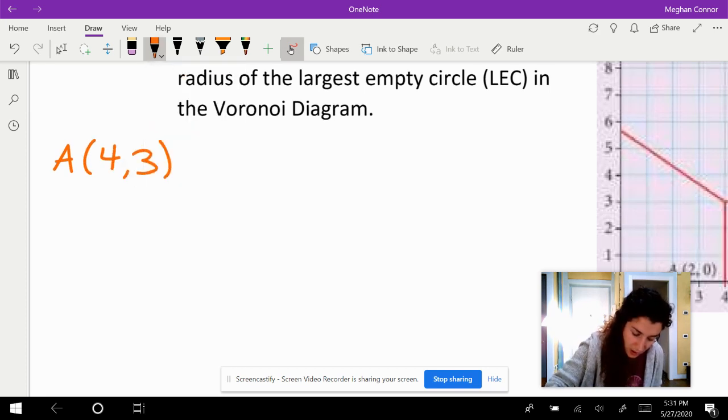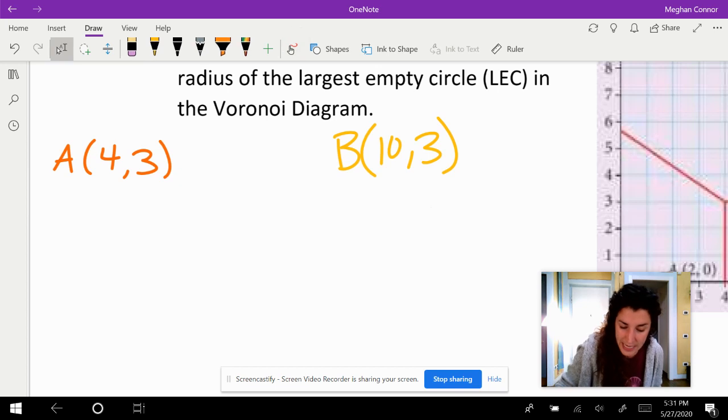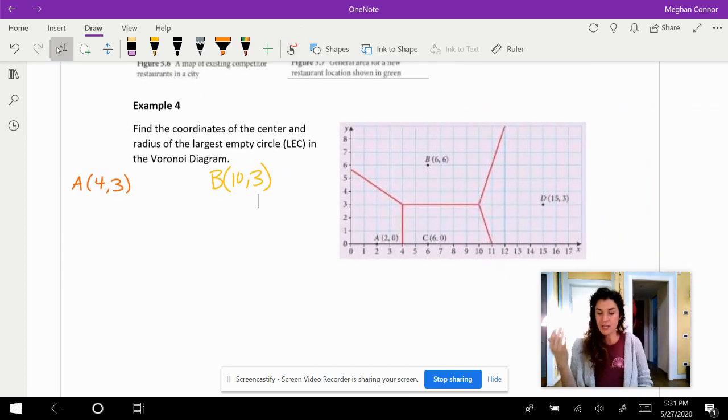And then I'll call another one B. Now, we could look at these two points and have a pretty good guesstimate of which one is going to create the largest bubble. But for the sake of mathematics and for the sake of understanding that it won't always be this easy, we need to talk about what happens if it's not easy to just see right away. Well, we need to calculate the radius then for the circle that could be created from that vertex.